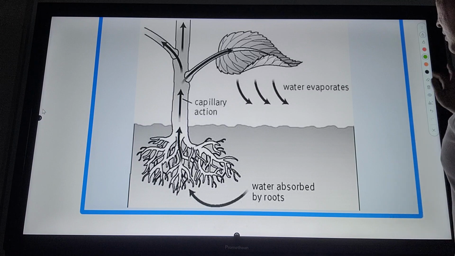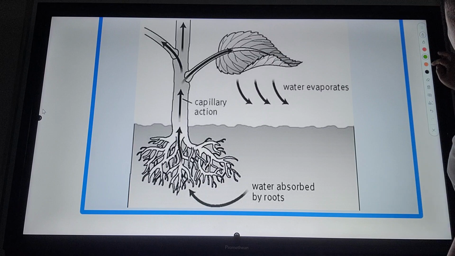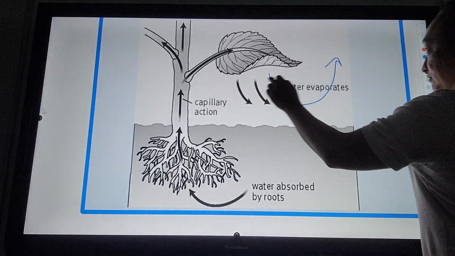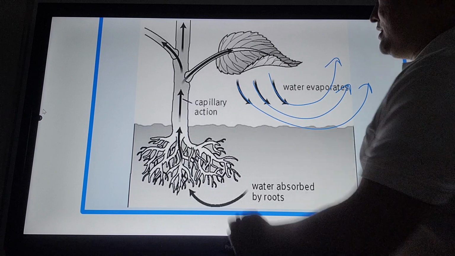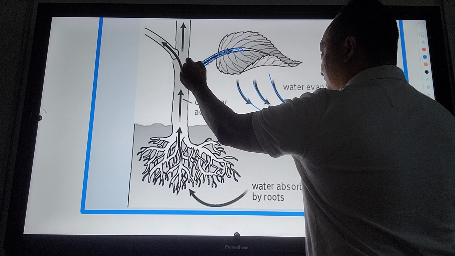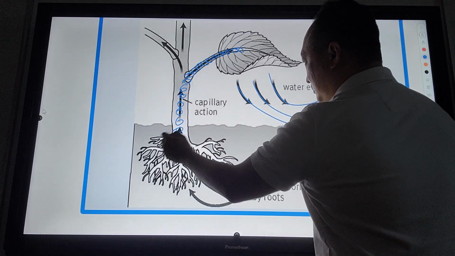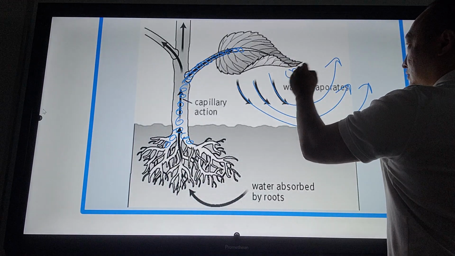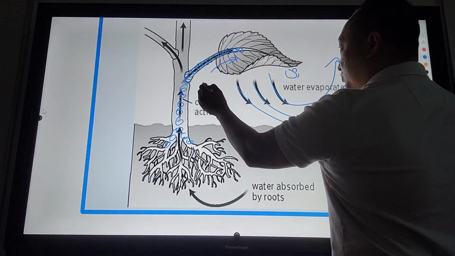So in this diagram, what's going on is first of all, the water is leaving, or evaporates, or transpires through the leaves, and what that does is all the water molecules from the leaves all the way down to the roots are kind of connected, and so when one water molecule leaves the plant, the next one is pulled upward.